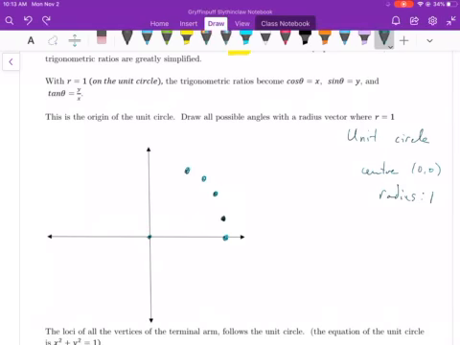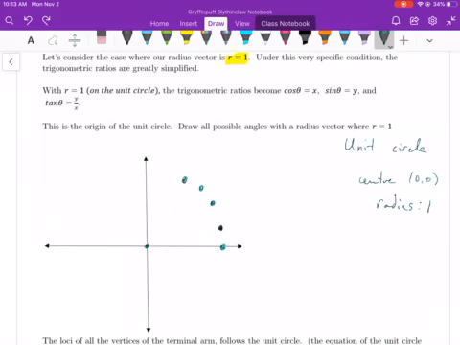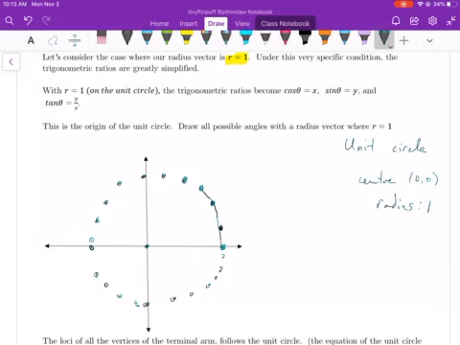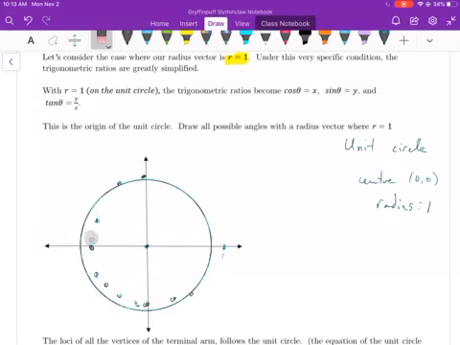I'm just trying to show you that what creates a distance of 1 all the way around the origin is a shape called a circle. So you could draw all the possible angles. Now, I'm going to try to draw a circle. There we are, radius 1. So there's my unit circle.